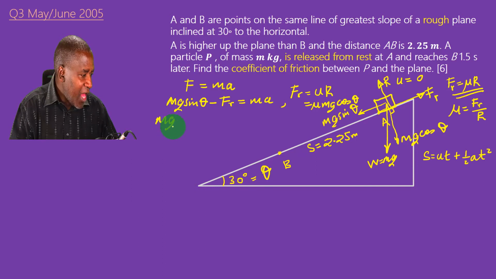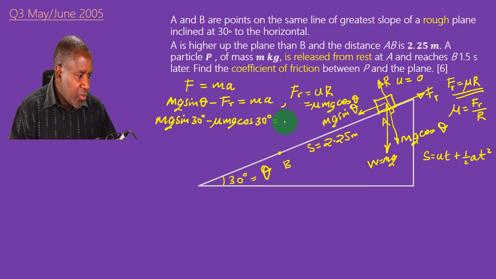So this one will be mg sine theta, or sine 30. Let me now bring in the actual value, minus mu mg cos, again I want to use the angle 30 degrees, is equal to MA, and you can see now there is an opportunity for the M to cancel out.